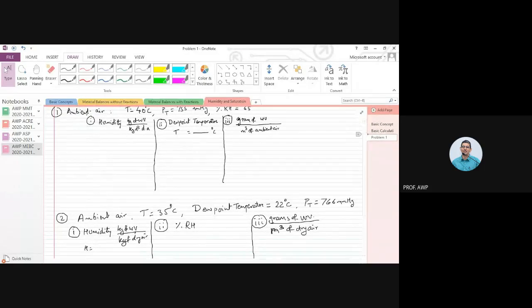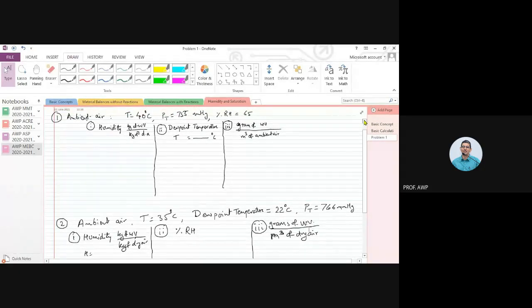Okay, let's do these two problems, just so that we have enough practice of doing these kinds of calculations over and over again. Antoine equation I have given you in the morning. You must have noted that down in your calculations. If anybody has any doubts while you are solving, please unmute yourself and ask.